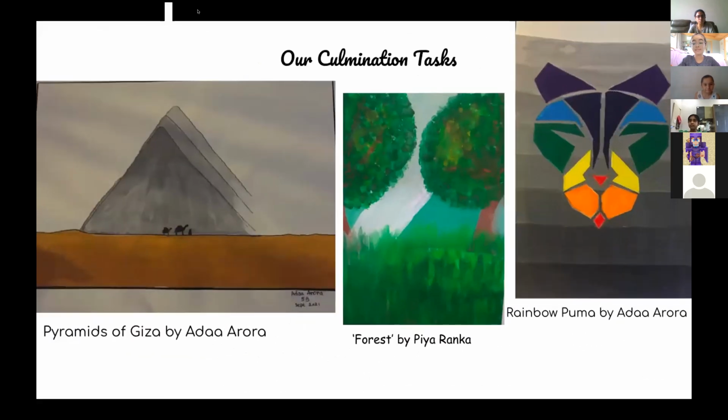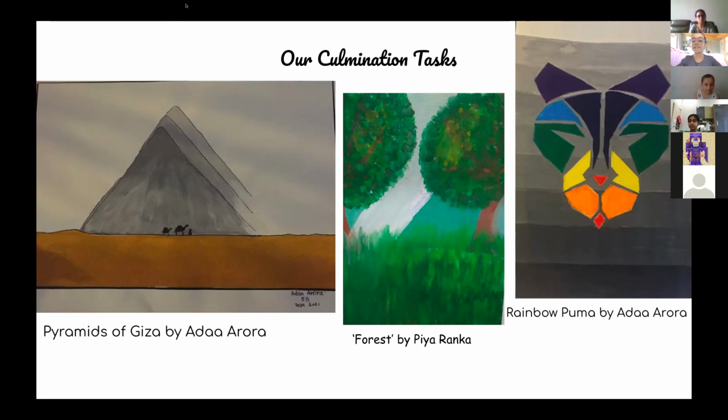Ma'am, these are the culmination tasks. But we have included paintings from other people who requested to have their paintings. We have added their paintings also. Students, please take turns and speak, okay? Make sure that the student is done and then you can speak. Yes, Ada, continue.